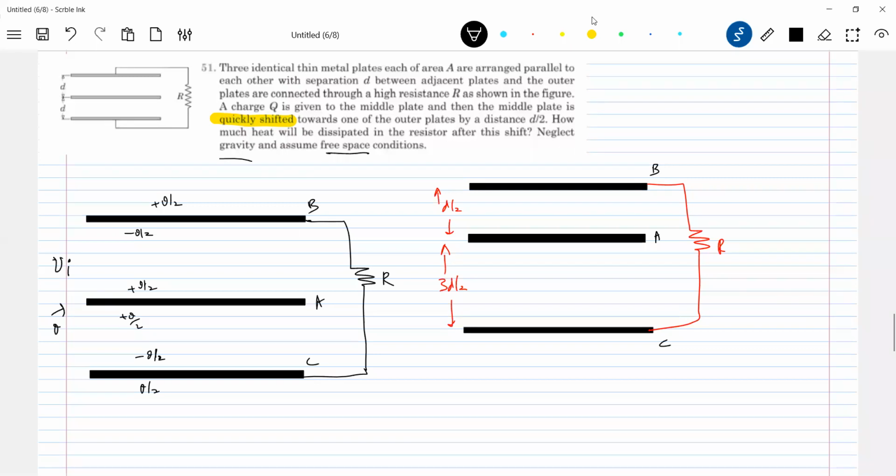But here, just quickly means the external agent will not impart any energy to the system. So I think this is really very dangerous. Quickly here, an external agent will not impart any energy into the system.